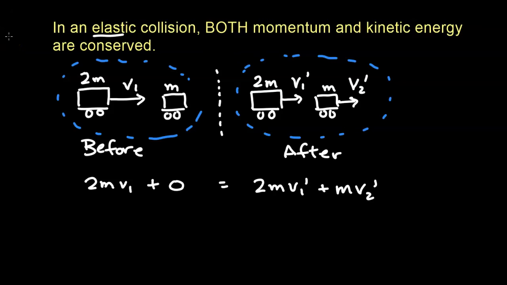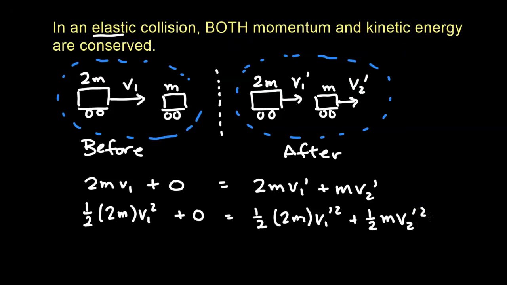Kinetic energy, as you'll remember from our energy unit, is 1 over 2 mv squared. So the initial cart on the left will have a kinetic energy of 1 over 2 times 2m, because it's got twice the mass, times v1 squared. Object 2 initially will have 0 kinetic energy because it's not moving.